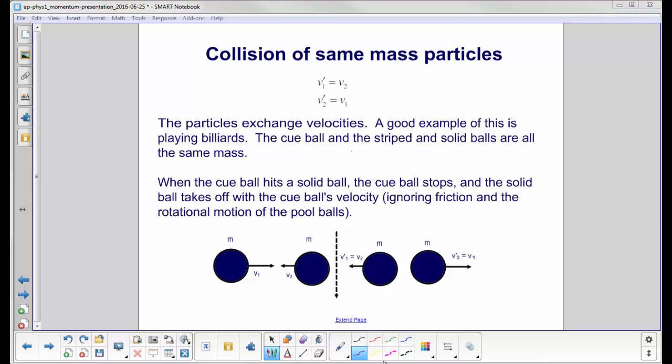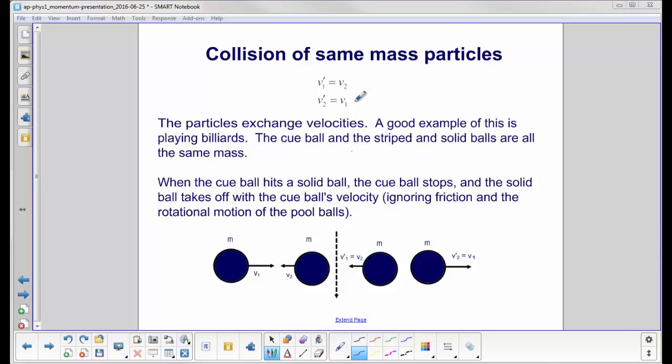The particles exchange velocities. The final velocity of sphere 1 is equal to the initial velocity of sphere 2. Likewise, the final velocity of sphere 2 is equal to the initial velocity of sphere 1. You can look down here for the example. The objects both have the same masses, and here's the initial velocity of sphere 1.